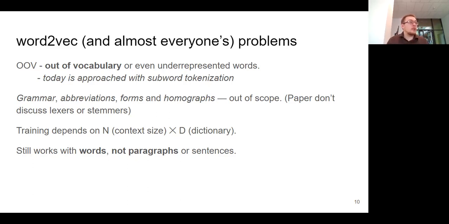Yeah, so there are multiple meanings for the same word with very different actual semantics. And this paper didn't discuss what they do with such words. They can be glued together. Again, training depended on, but we cannot do anything with this. It depends on the context size, obviously, and it depends on the dictionary size. Just you should know that it's a linear dependency on both.